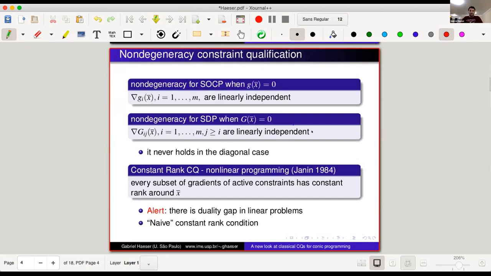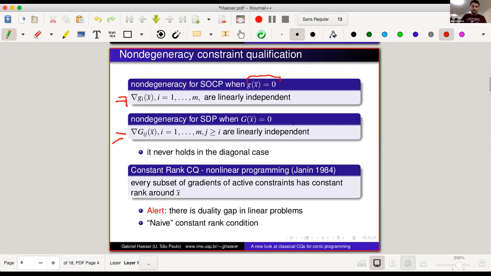Okay, so what's the standard constraint qualification for this type of problems? It's the so-called non-degeneracy condition, also called transversality. When the constraints are at 0, this is simply that the gradients of each component of these constraints are linearly independent. It's exactly what you would have if this were a nonlinear programming problem.